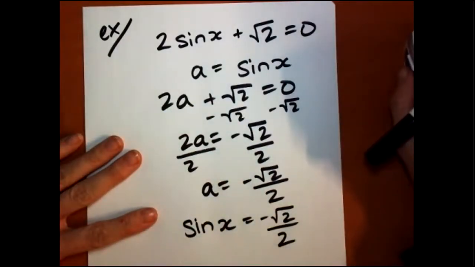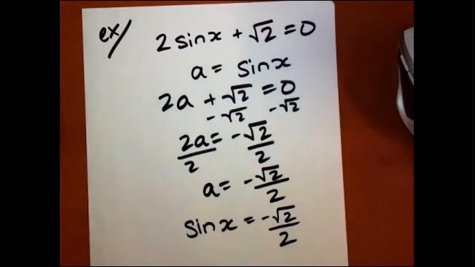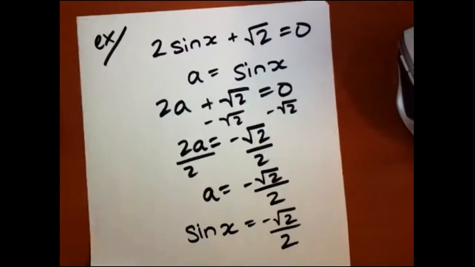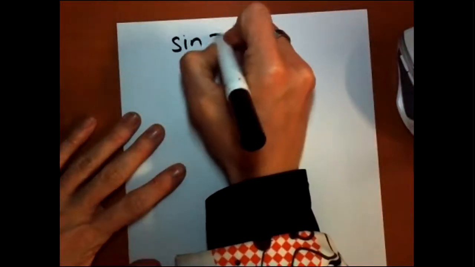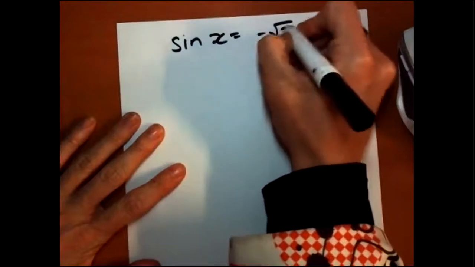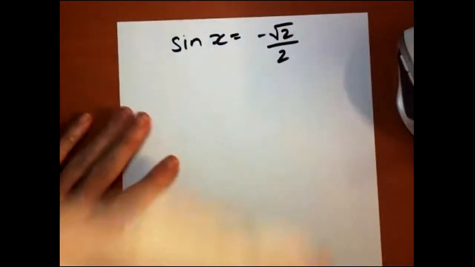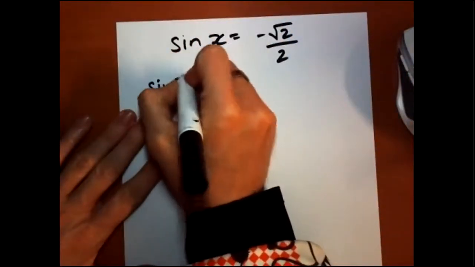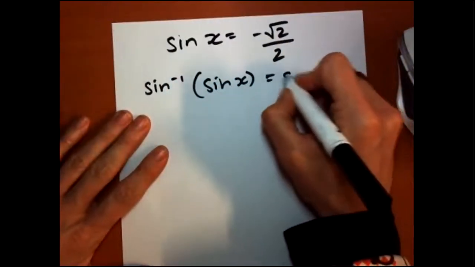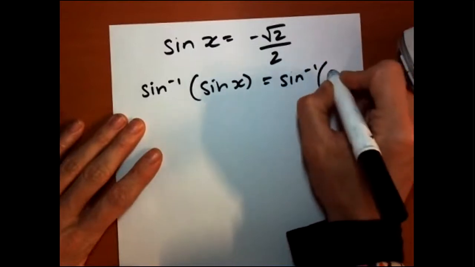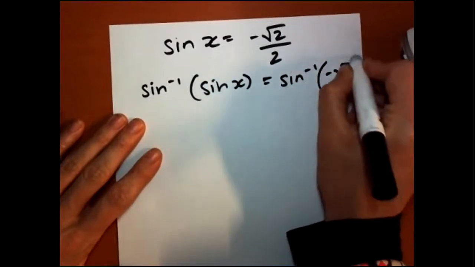Not bad. And I'm writing with this giant handwriting, so I ran out of space. So let's put it on newspaper paper. Sine of x is equal to negative square root of 2 over 2. So to get x by itself, we're going to take the sine inverse of both sides. Sine inverse of negative square root of 2 over 2.